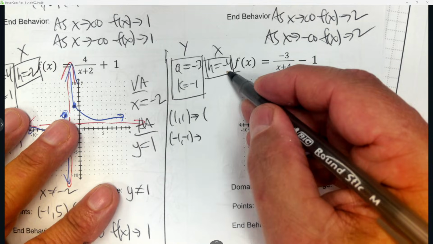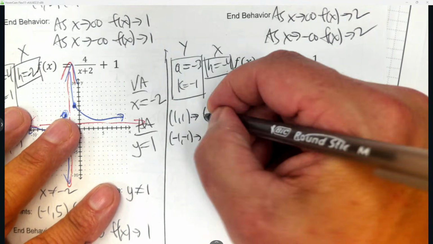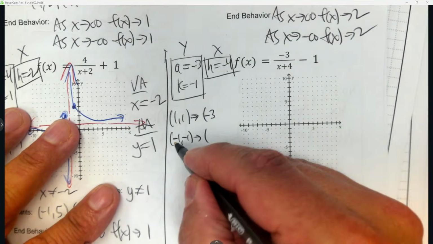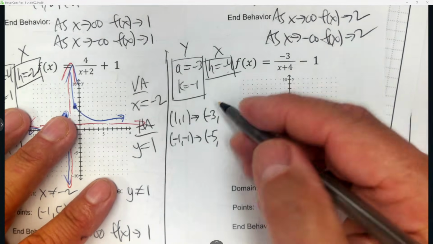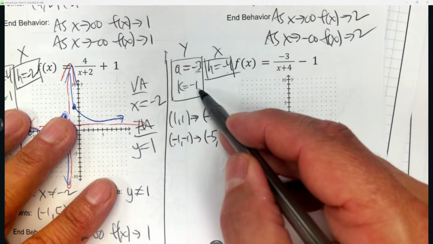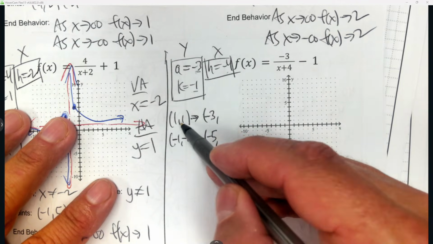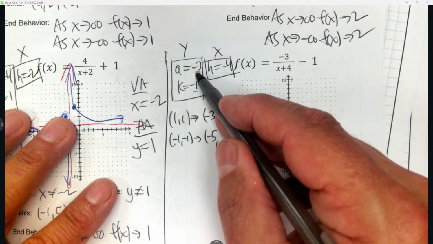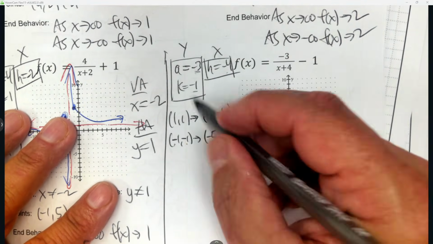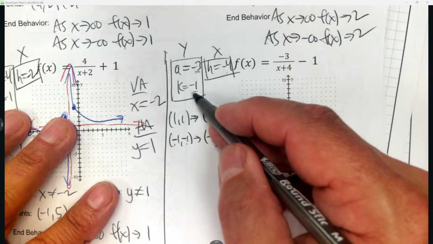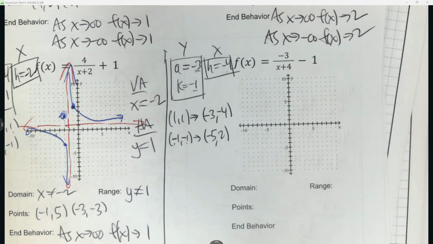So we're going to subtract 4. So 1 take away 4, and negative 1 take away 4. So those are my x's. For my y's, I'm going to multiply and then subtract. So 1 times negative 3, and then take away 1. Negative times a negative is positive 3, take away 1.